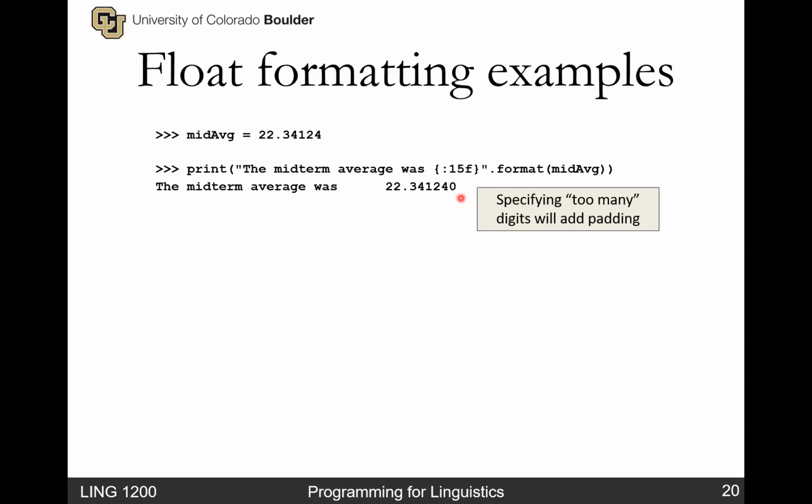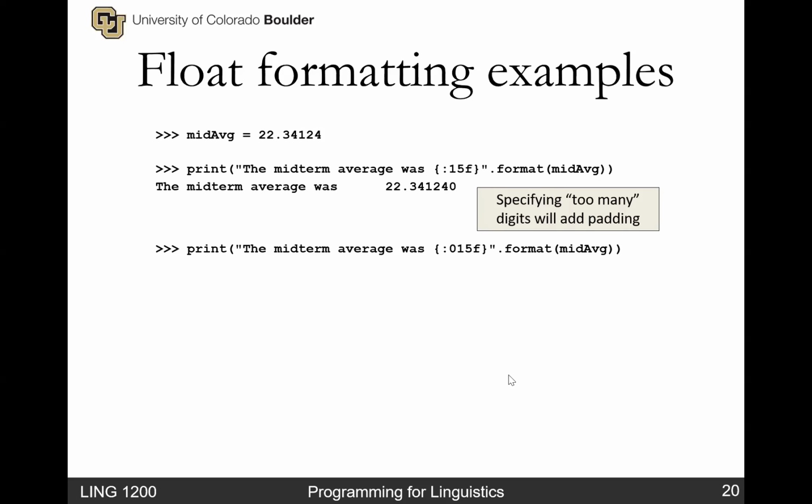It does add a 0 at the end, but it's just padding this whole number with the leftover spaces. It counts however many digits are here, and then it pads with whatever's left to add up to 15 spaces. Very similar to the integer formatting.